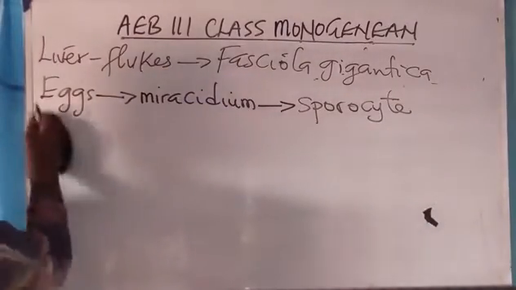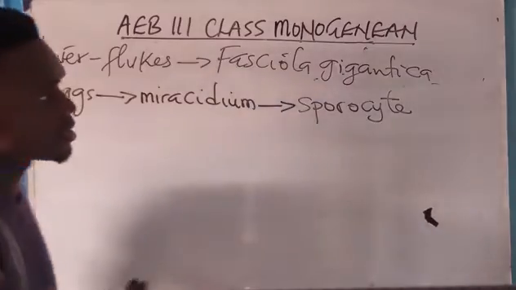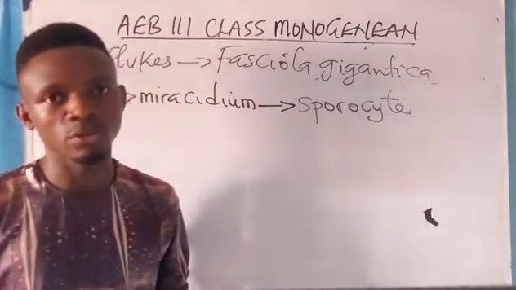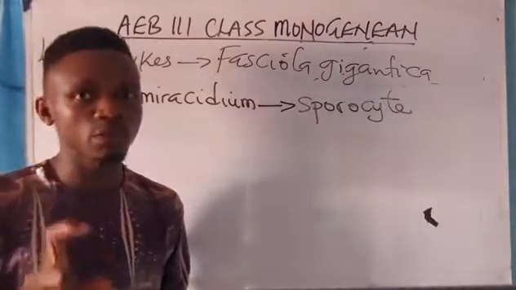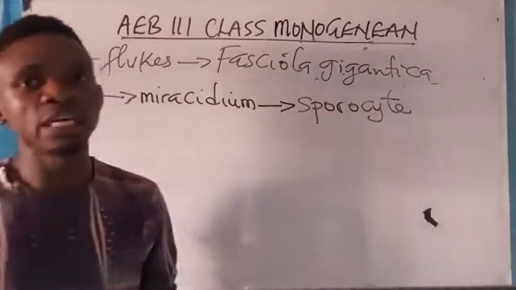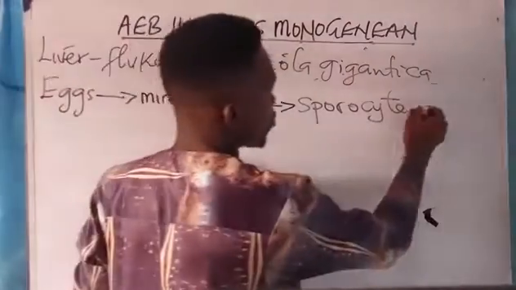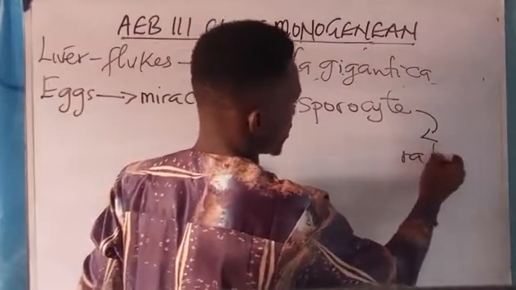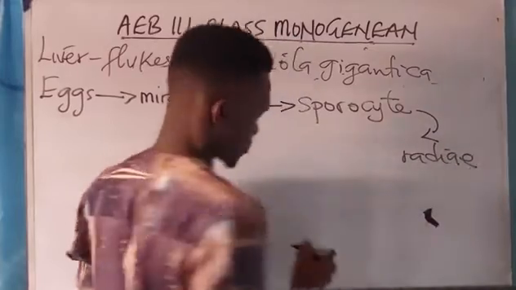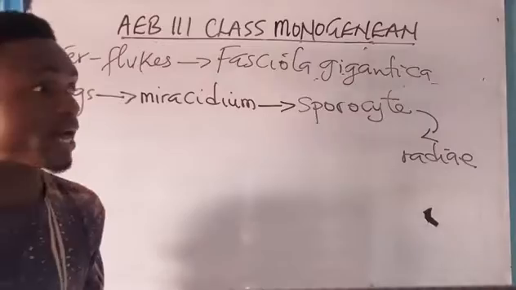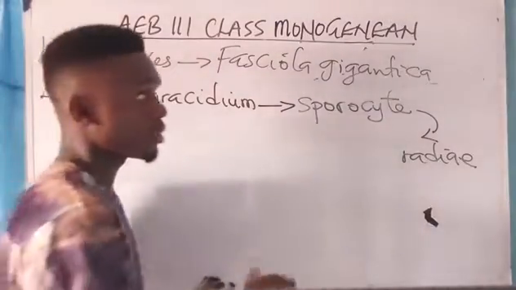Sporocyst. Now the sporocyst contains germ cells. These germ cells will develop into what is called the rediae. We develop the mother rediae and the daughter rediae, all collectively called what?